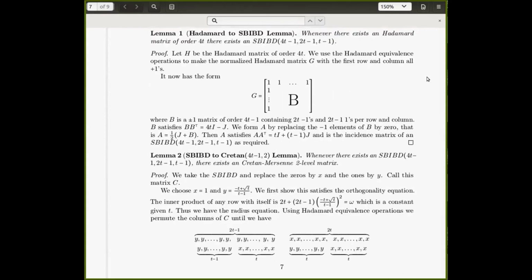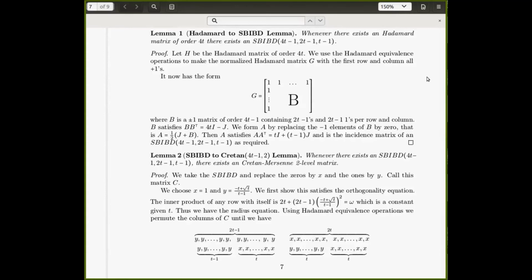Now, we've got this lemma up here. We've just shown that we can go from an SBIBD to a Cretan matrix. And so we've always got from the SBIBD to the Cretan matrix. Now, what we can do with that is we can actually choose the X and the Y in general, and we will be able to give the formula for a Cretan matrix made from the SBIBDs.